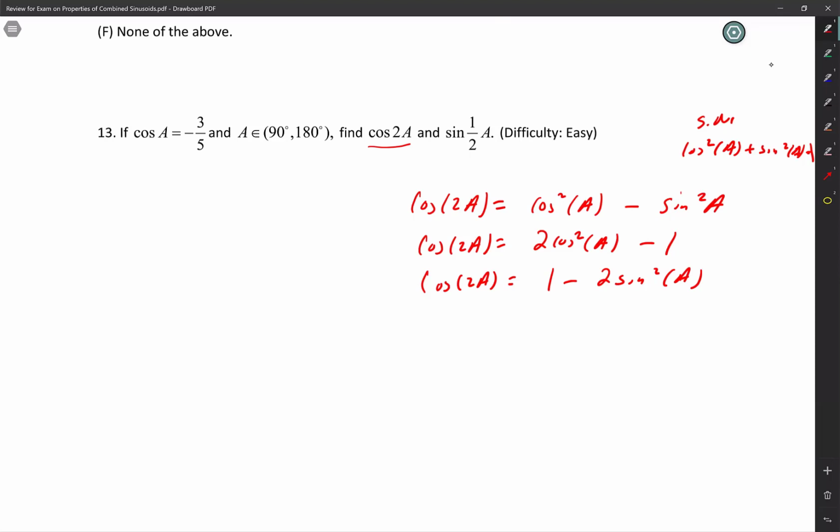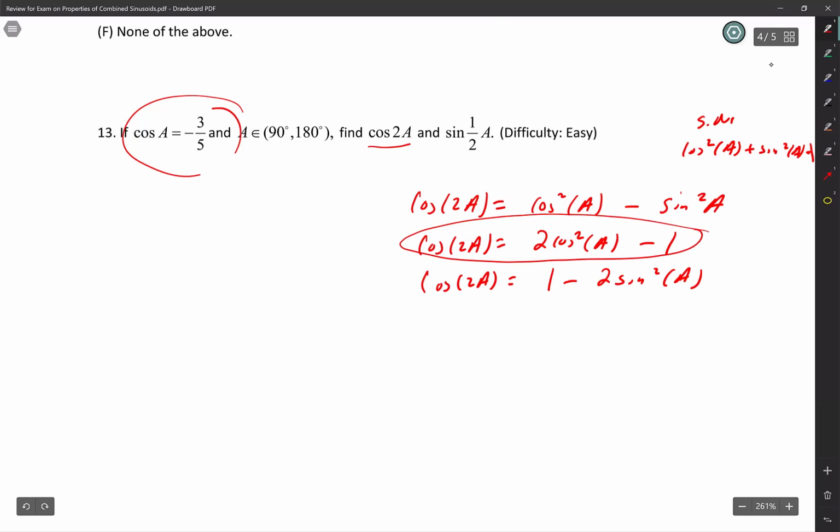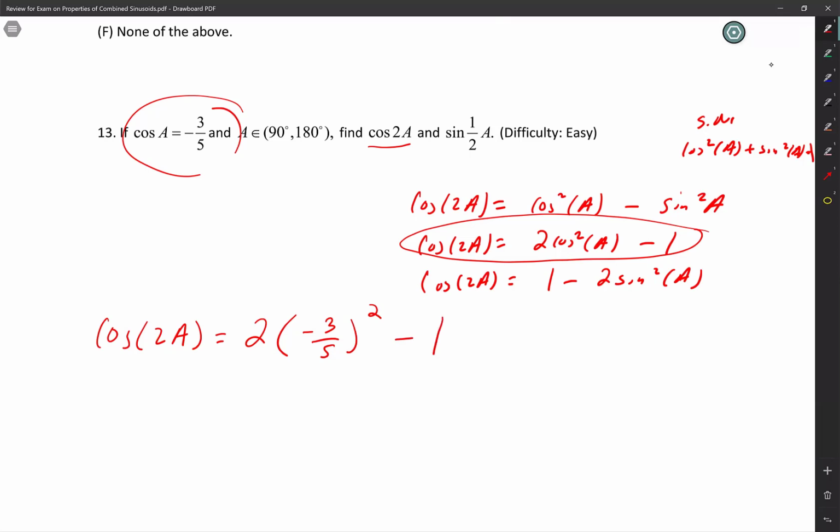I want cosine 2A, and they give me cosine A, so maybe you opt to just use this one. Cosine 2A is equal to 2 times parentheses cosine A, which is negative 3/5, squared, minus 1. This one doesn't matter which quadrant you're in because this formula doesn't have a plus or minus.